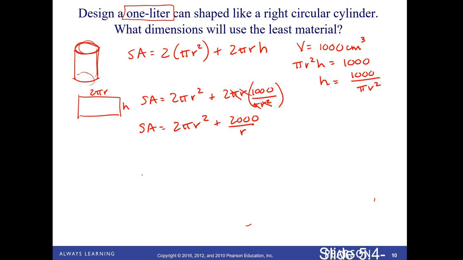All right, so again, to minimize, I need to find the derivative of my function and set it equal to 0. So surface area prime is going to be 4 pi r minus 2,000 over r squared. And I want to set that equal to 0.